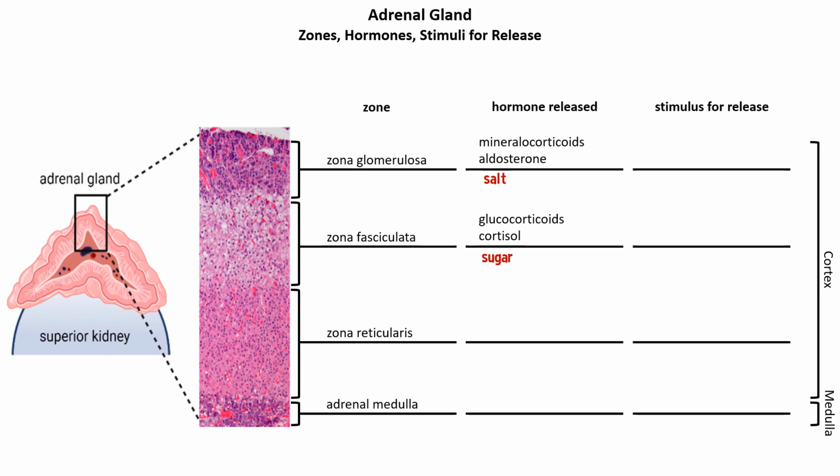Now from the zona reticularis, we are releasing a classification of molecule known as the gonadocorticoids, and the one that we want you to know about is androgen. Androgen is a precursor molecule to testosterone, and testosterone is going to be driving libido in both males and females, because this gets released in both.